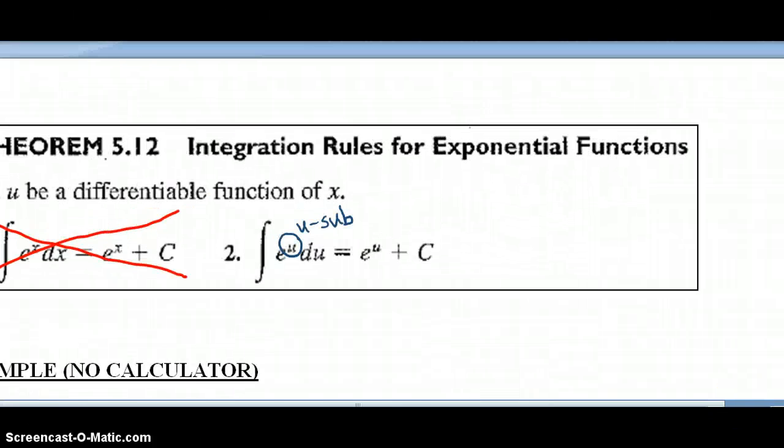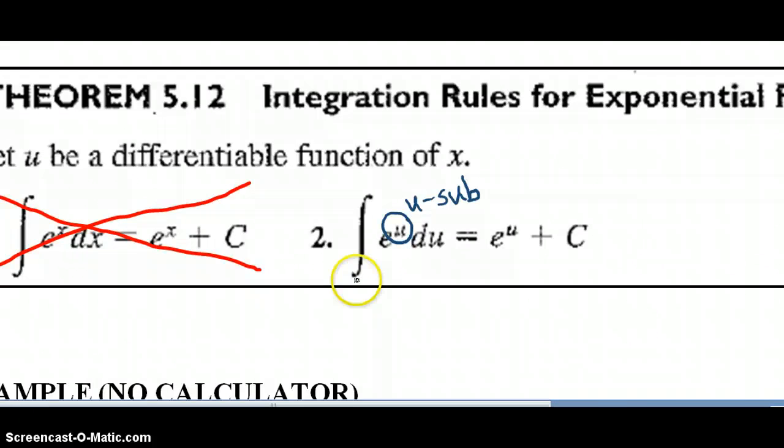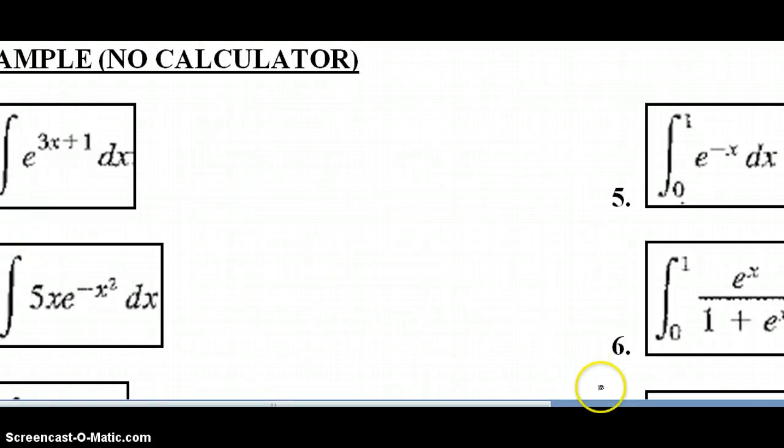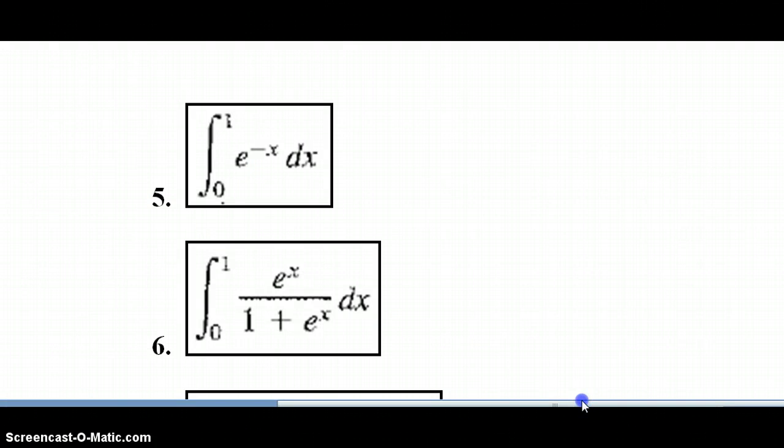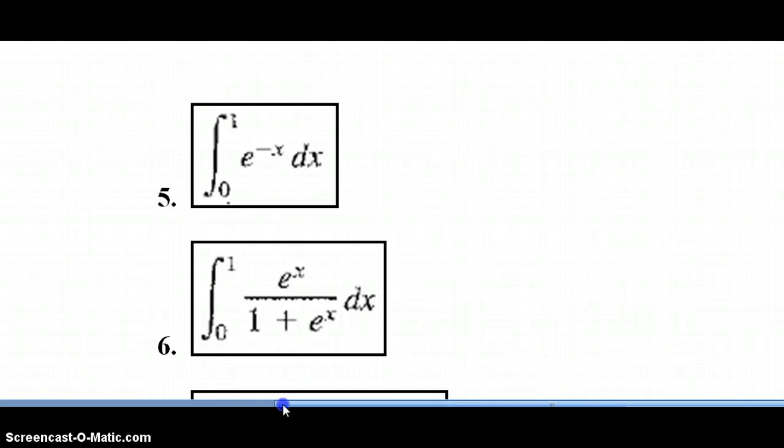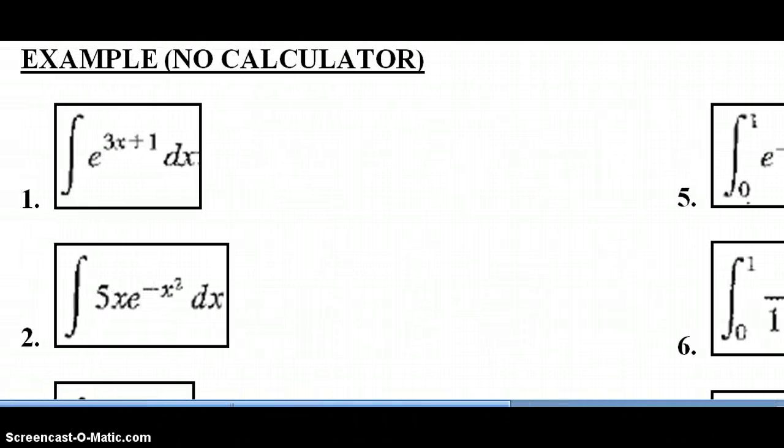I'm going to make this a bit bigger so that we can see our work a little easier. Alright, so our first example, the integral of e to the 3x plus 1 dx.